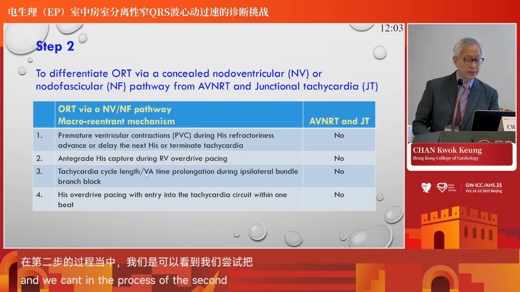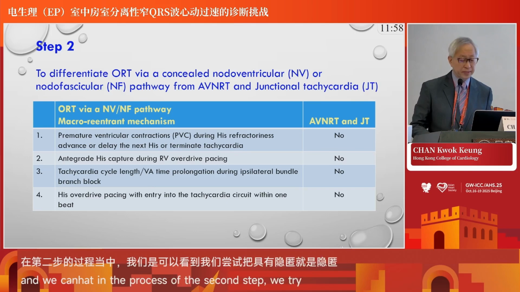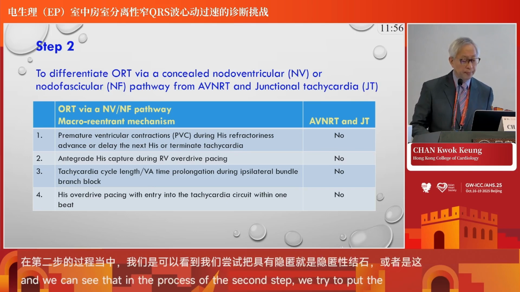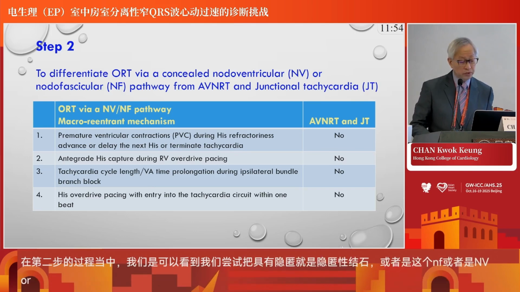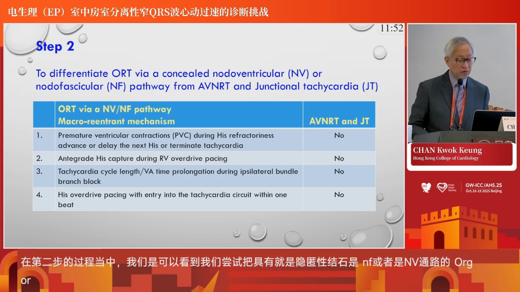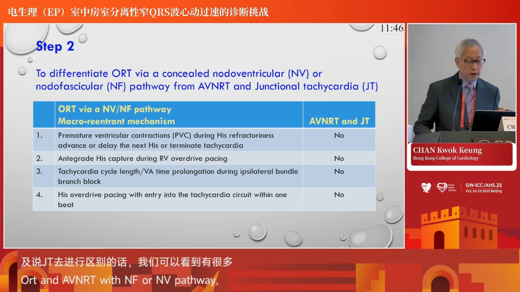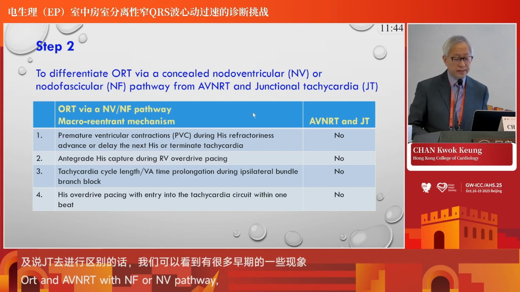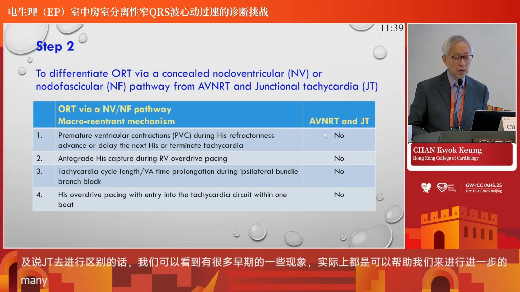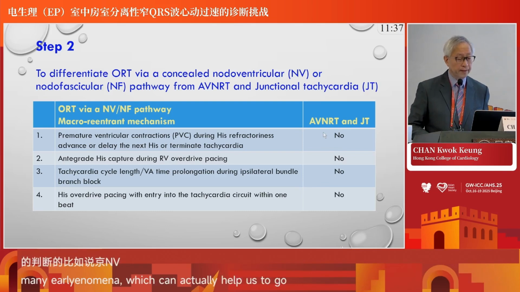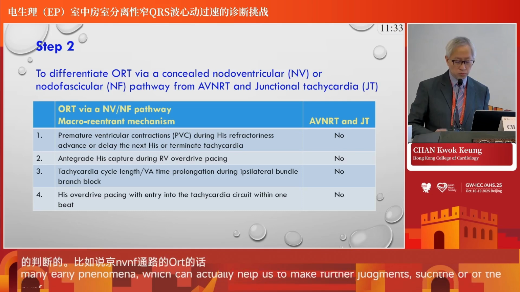Tachycardia cycle length or VA time can have prolongation during ipsilateral bundle branch block. And you can also try His overdrive pacing, with entry into the tachycardia circuit within 1 beat because of the geographic proximity of the pacing site and the circuit. Now, all these are not present in AVNRT or junctional tachycardia, so step 2 can help to differentiate these two groups.